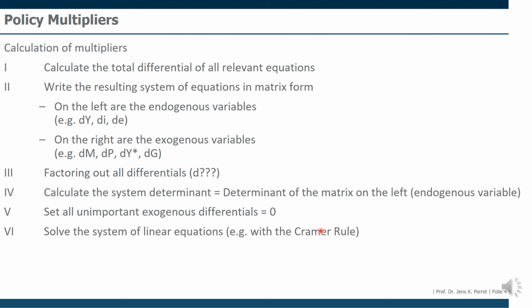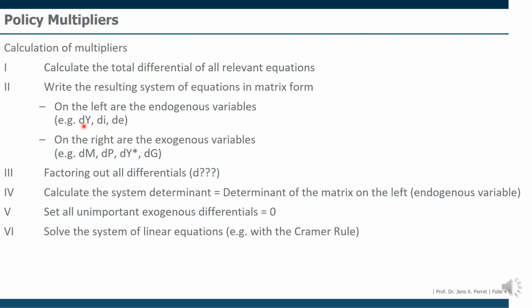Because using the Cramer rule, you can solve for one of the solution variables by itself without having to calculate the solutions for all variables at once. So this is actually a neat tool to use here, which, however, I'm not going to go into more detail in this course. Once you have this solution, you actually have calculated the corresponding policy multiplier.